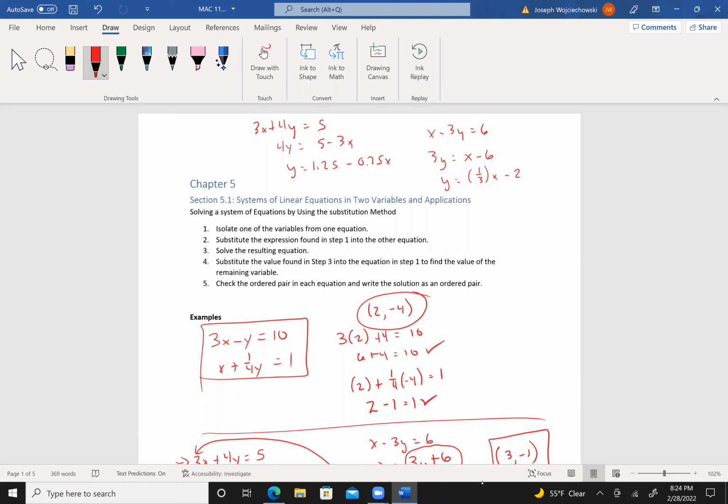So let's try these, because I'm guessing they'll give us a much better intersection. So I have y equals 1.25 minus 0.75 times x. And I have 1 divided by 3 times x minus 2. Graph them.